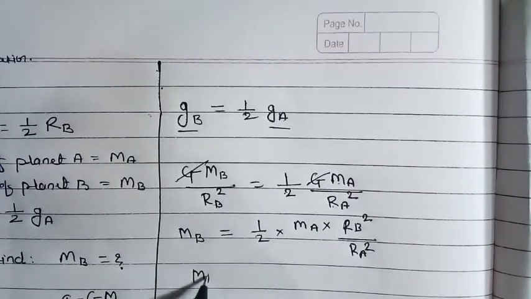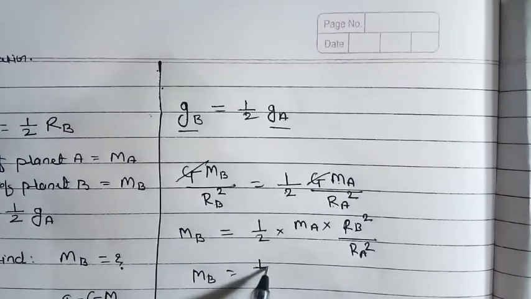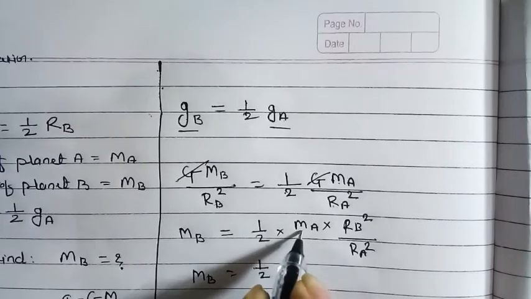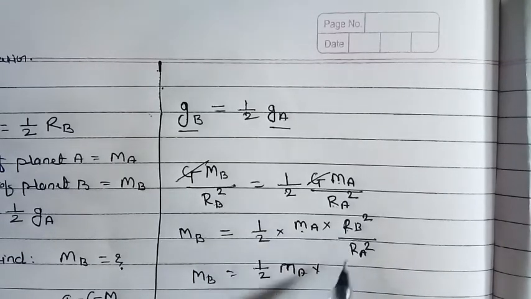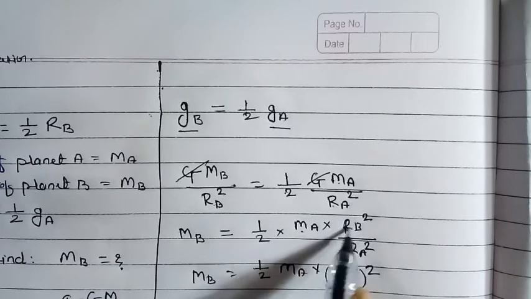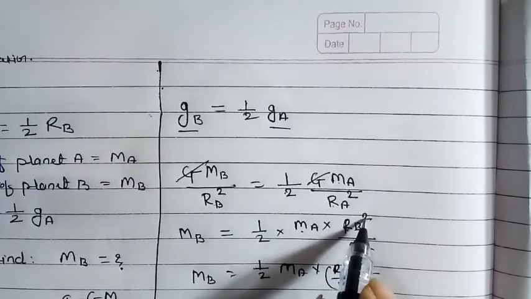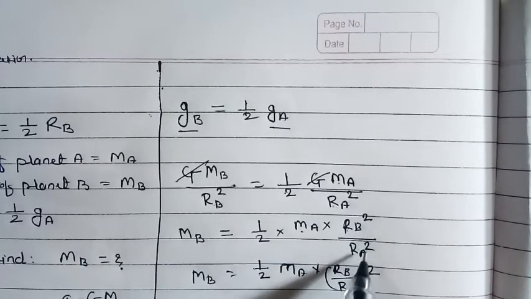Now MB equals half into mass of planet A into RB divided by RA, whole squared. Here RB is in square form as well as RA, so combined we can write RB divided by RA whole squared.